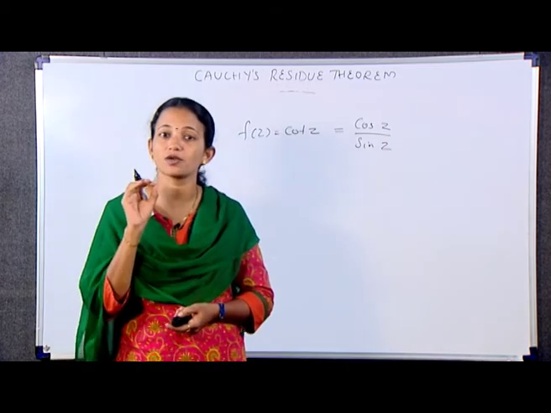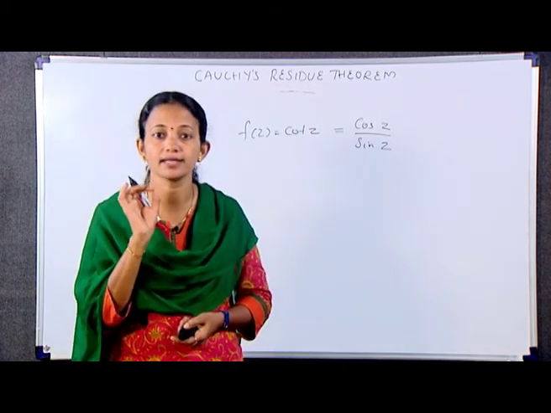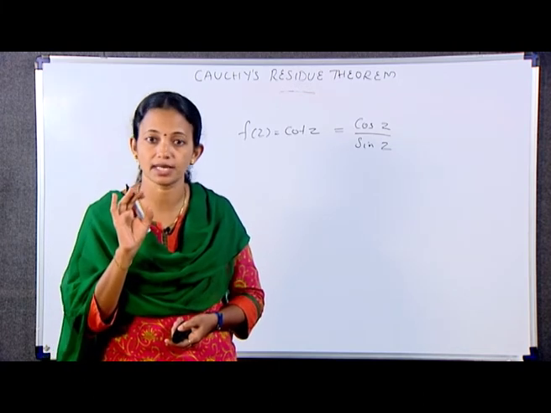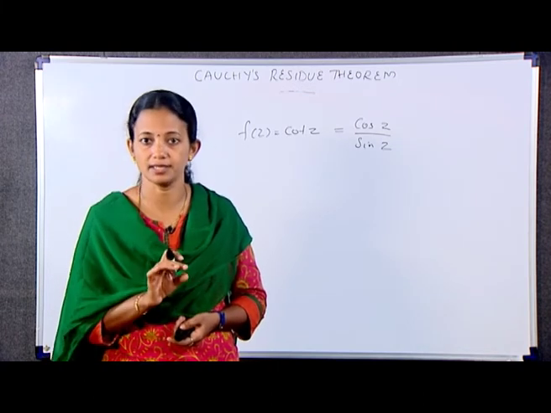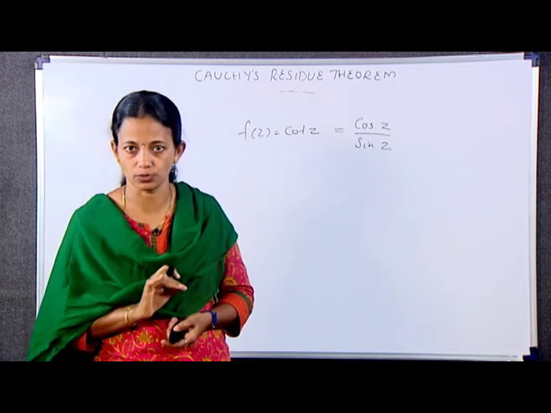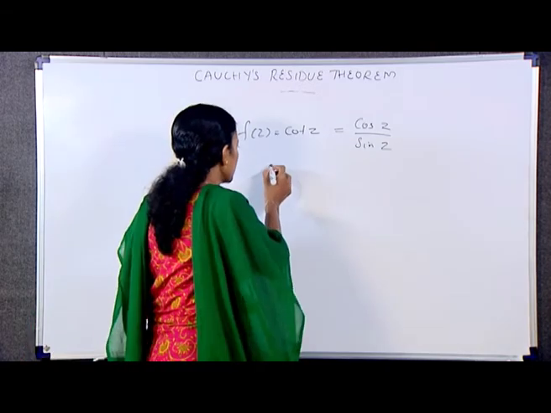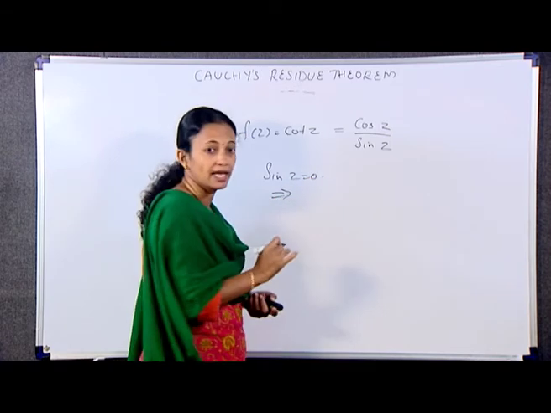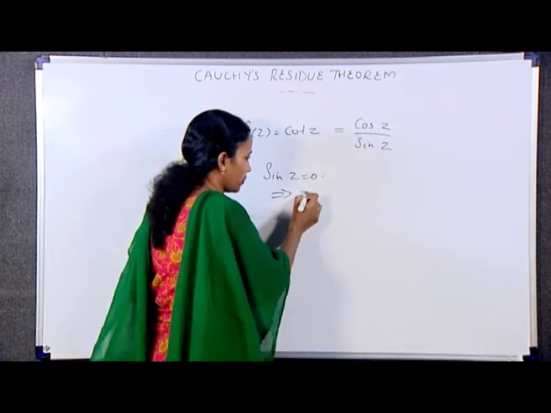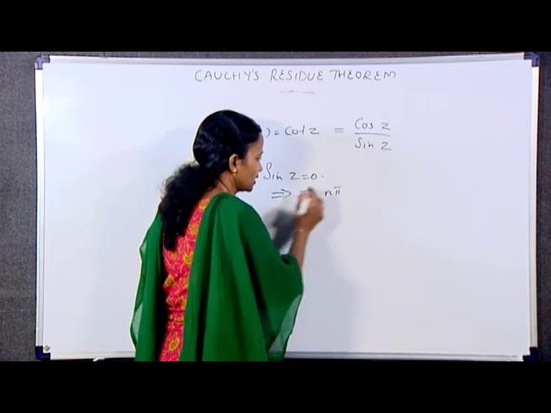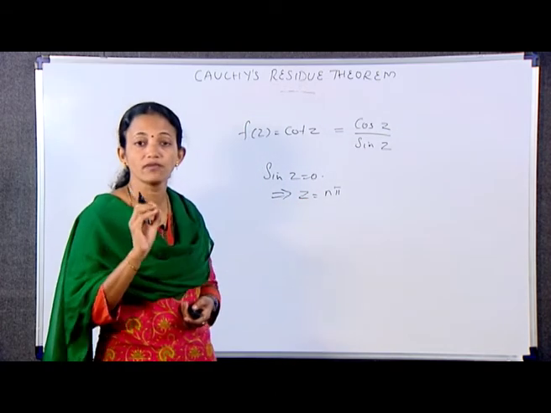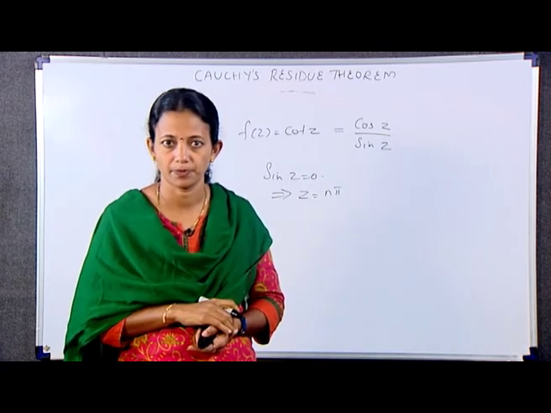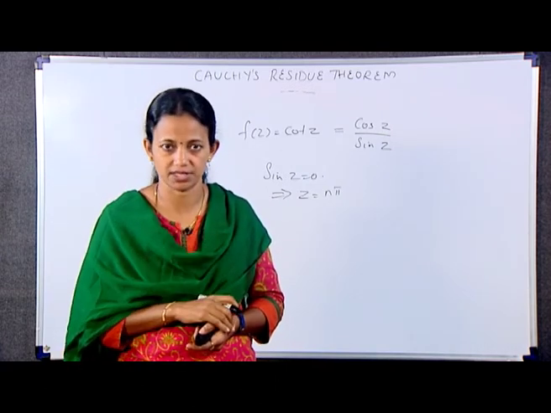The singularities of that quotient occur at the zeros of q. Zeros of q of z is equal to sin z are obtained by setting sin z equal to 0, which gives z is equal to n pi, that is, sin n pi is equal to 0, where n is equal to 0, plus or minus 1, plus or minus 2, etc. These are the singularities of f of z.